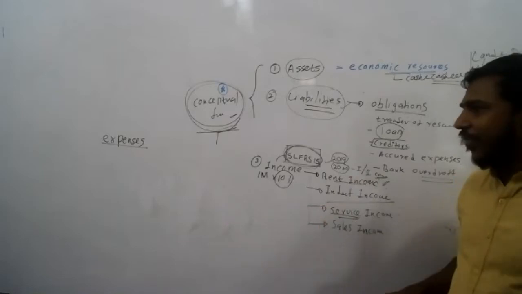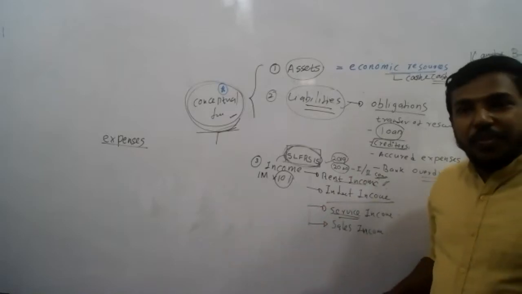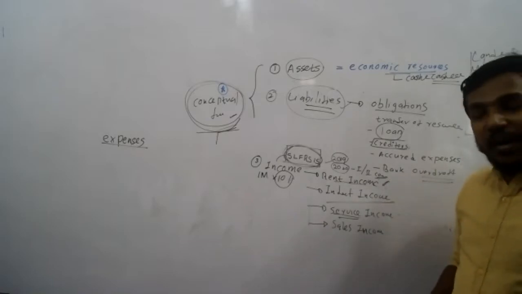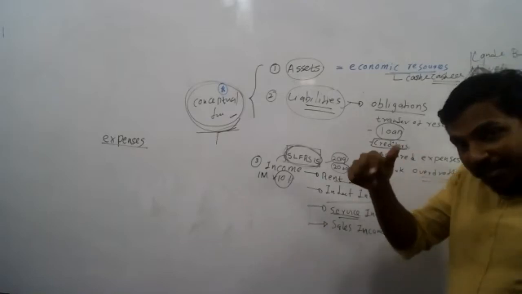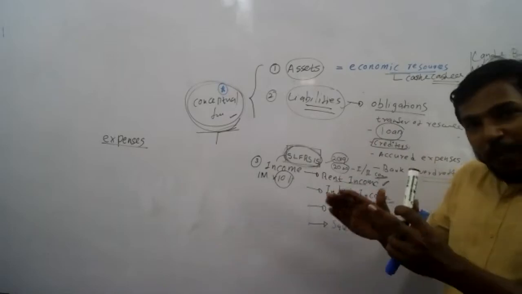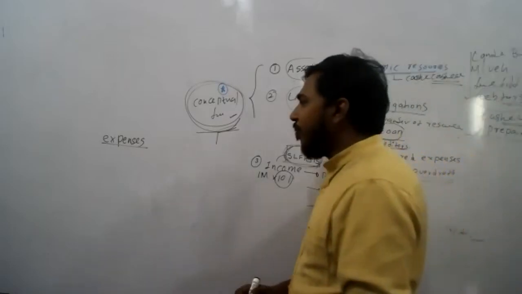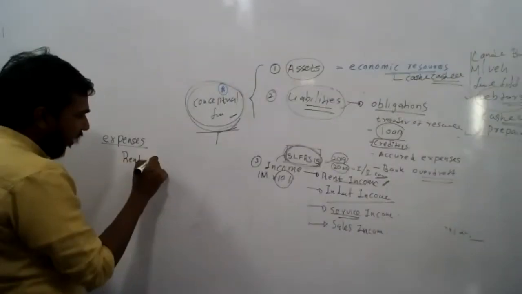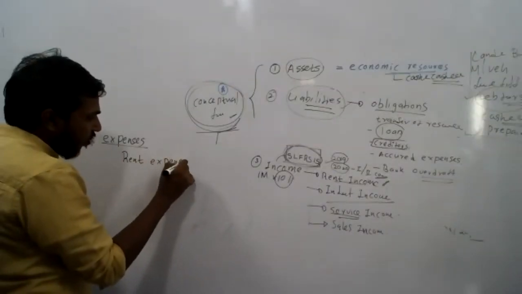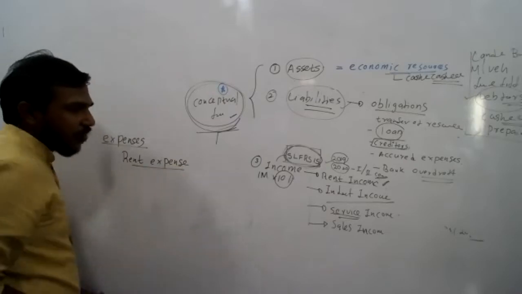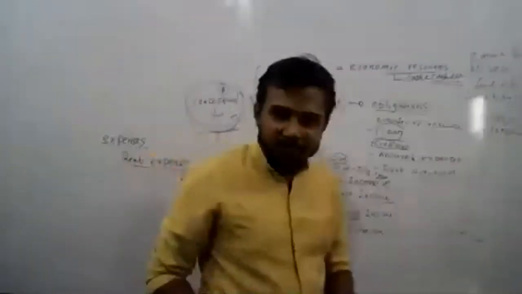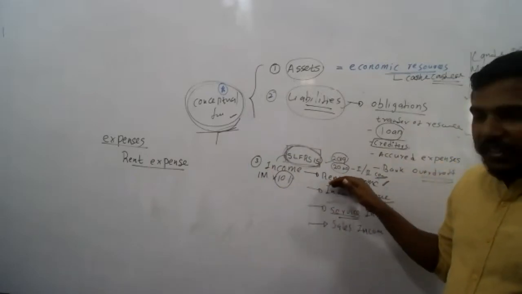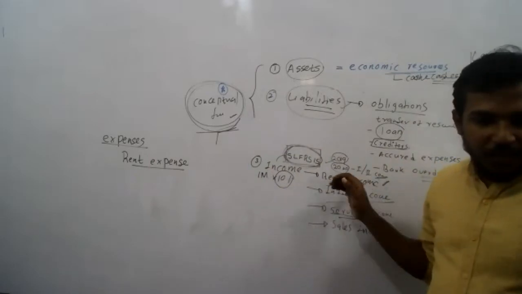Yes, exactly. But say you are paying the rent. If so, it is called rent expense. Clear? So if you are earning the rent, it would be rent income, right?